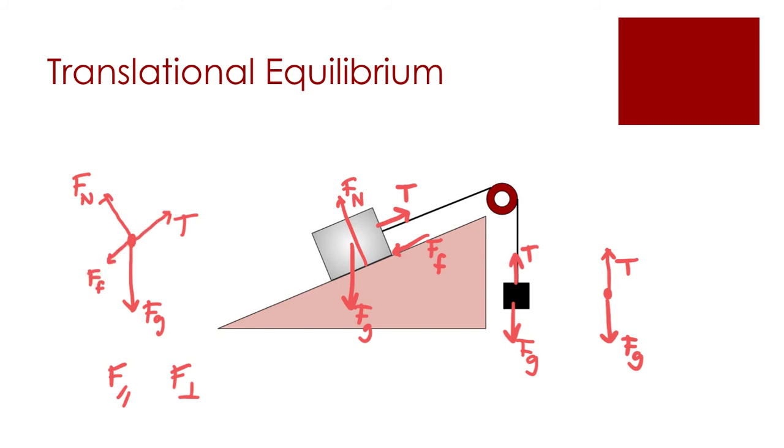Notice now the only one I have to break into components is the force due to gravity, and I can break it into the part that's perpendicular to the surface and the part that's parallel. And I've tried to get it so that if I add this one and this one together, I should get here. And if I add this one and this one together, they should balance out. It's a little hard to do on the computer.